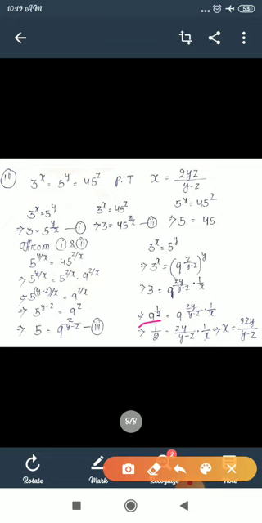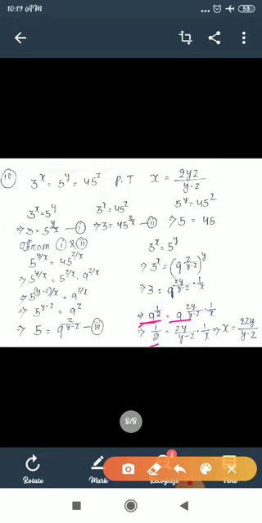So that's why I have taken this 3 as 9 to the power 1 by 2, so that I will make all the bases the same. So 9 to the power 1 by 2, here 9 to the power zy by y minus z into 1 by x. So 9 and 9 will be cancelled out. The exponent will be left: 1 by 2 equal to zy by (y minus z) into 1 by x.